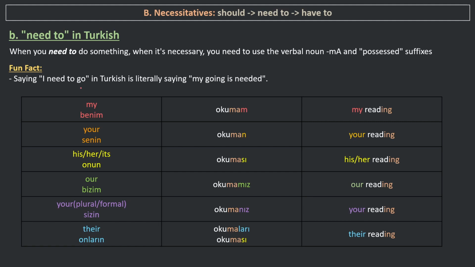When we say it, we actually understand it in the natural way, but technically the suffixes are formed in a way to say my going is needed. If you say this in English, it will be weird. But in Turkish, it will be natural because it's how it's built. So that's why we need the genitive case.